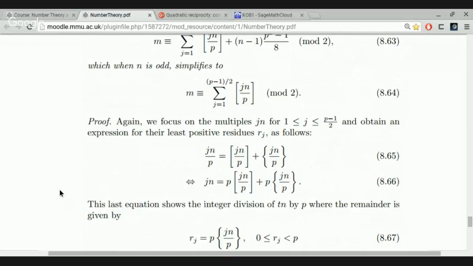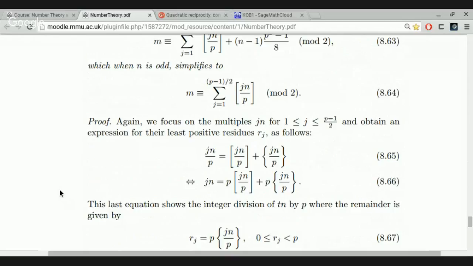When you look at this integer in total here, jn is an integer, so this must be an integer. So what kind of range of values could this fractional part take? The fractional part is between 0 and 1, and it's multiplied by p. The fractional part is strictly less than 1, so this product, p times the fractional part, is strictly less than p.